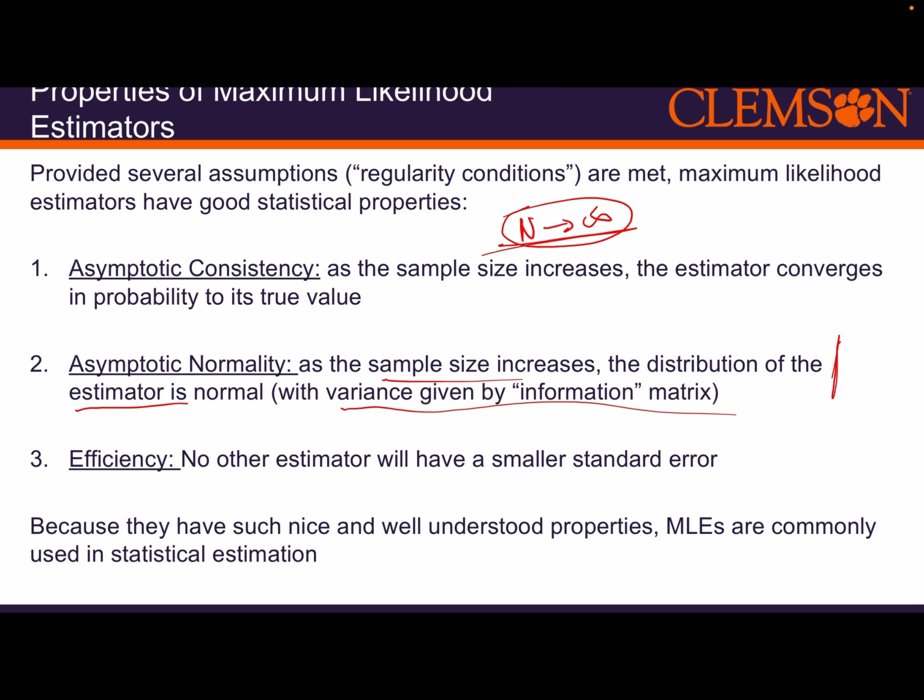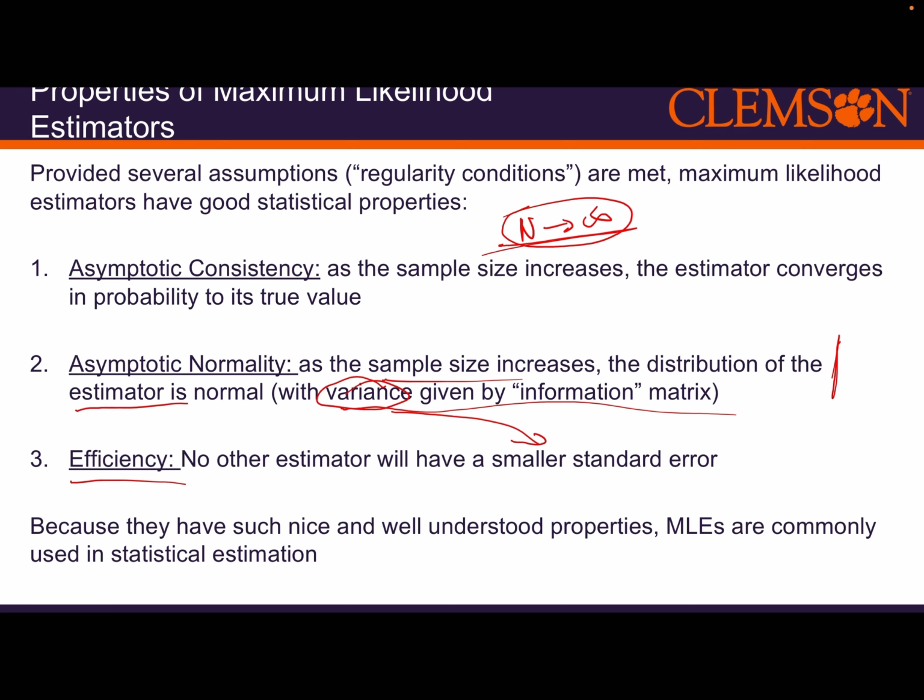And finally, the last part of this is that maximum likelihood estimates are efficient, meaning no other estimator will have a smaller standard error. Again, standard error is the square root of this variance right here. So what that means is you will get the best, most precise estimates that tend to be true as your sample size gets big.